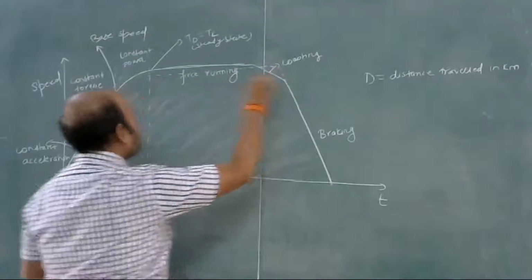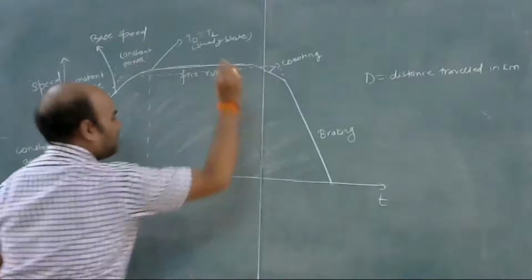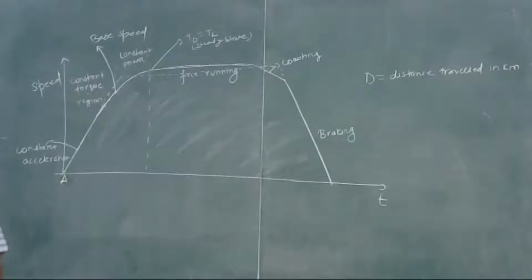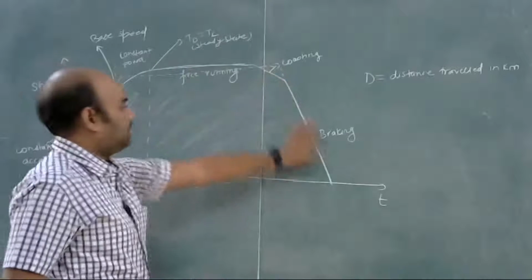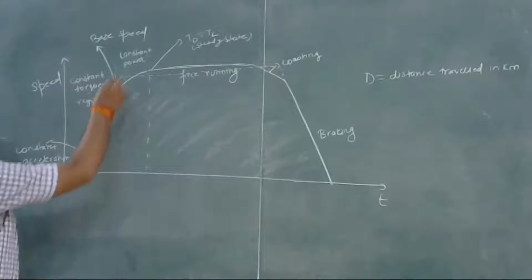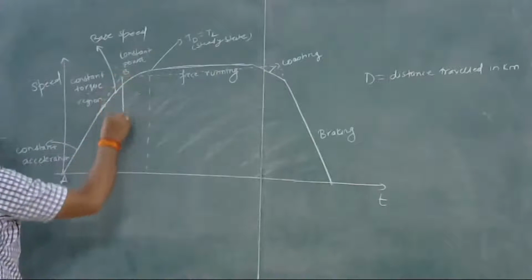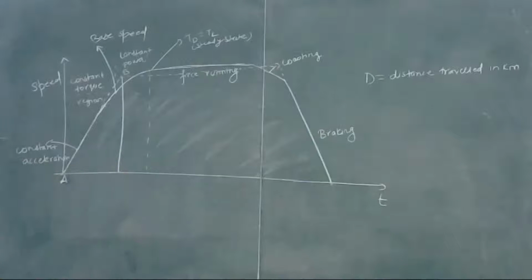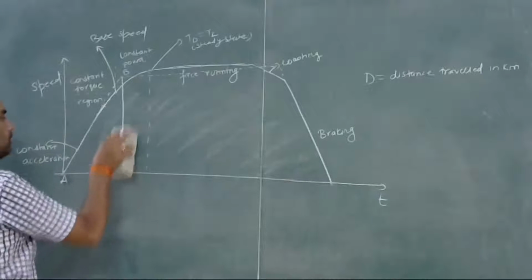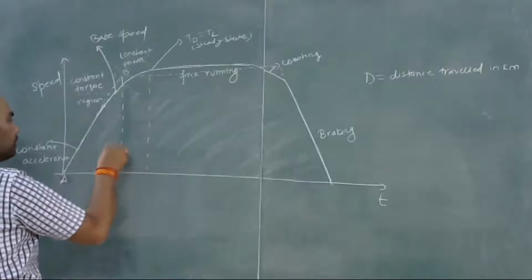This dotted line represents this curve as trapezoidal. Okay, so we are assuming this curve as a trapezoidal curve. Okay, and if we draw a tangent on this curve, let this point be B. Dotted line.